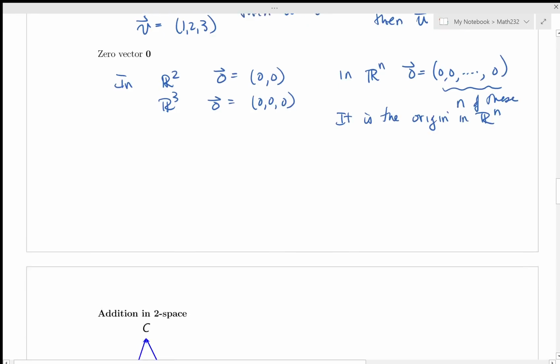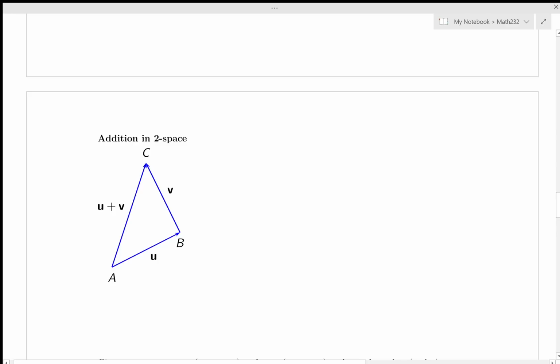We talked about the geometric way of adding. There's that picture of the triangle method. We've got u and v, and then we go from the initial point on u to the terminal point on v to get u plus v. However, we can do this algebraically. We can imagine that we have u given to us as u1 and u2, the two components of u, and then similarly we could have v given to us as two numbers, v1, v2.